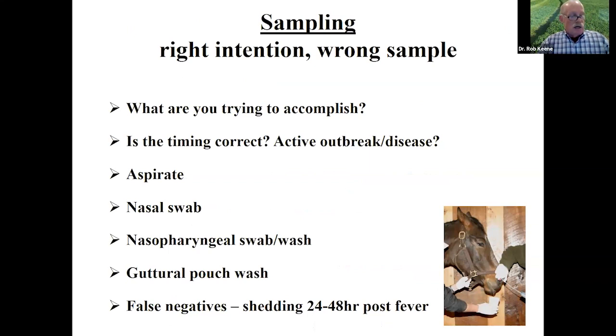So what are you trying to accomplish? Is this a situation where you are the third veterinarian that has shown up and the two previous veterinarians didn't tell the client what they wanted to hear? And so you're dealing with this outbreak at the end, or you're in the middle, or is it early on? You sort of have to keep that in mind.